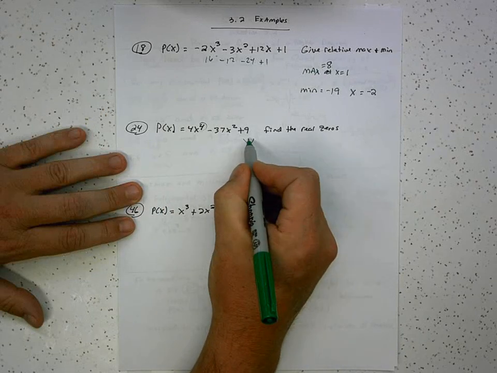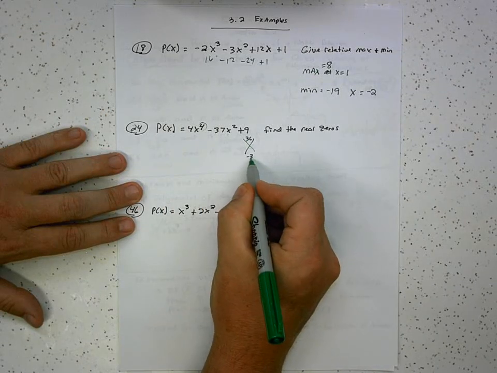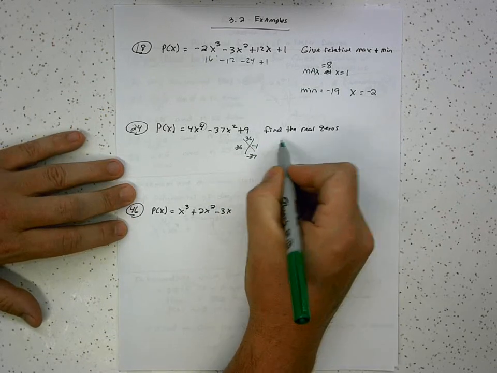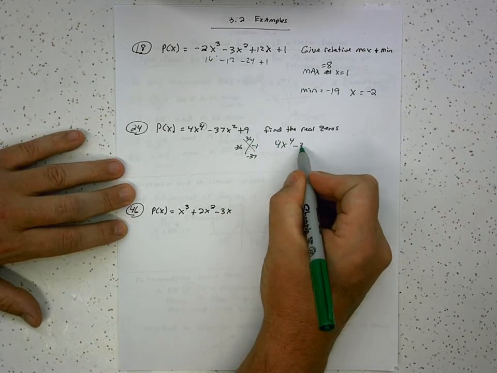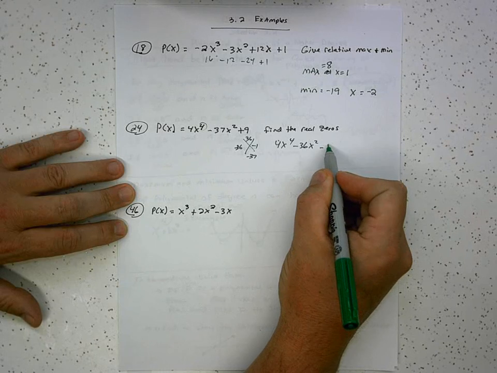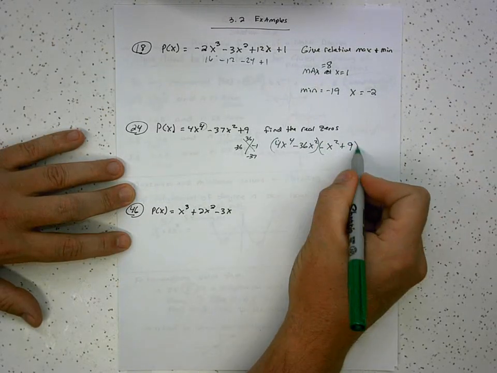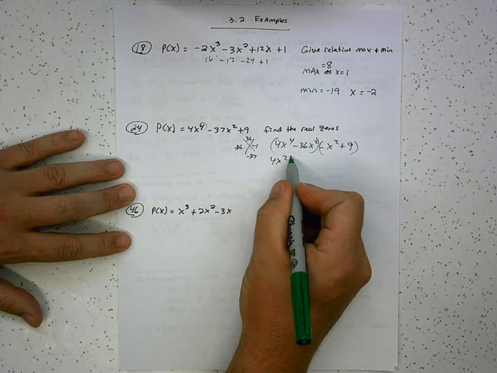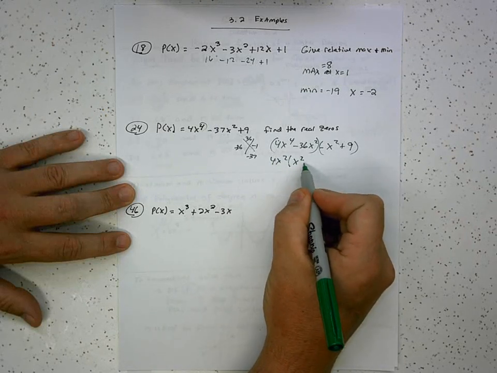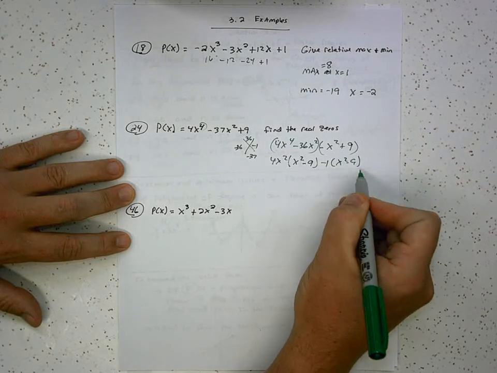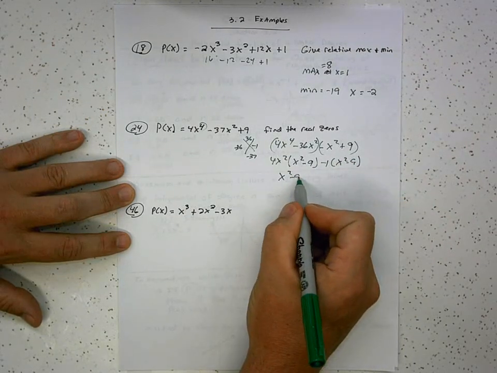So 4 times 9 is 36. Factors of negative 37, which is negative 36 and negative 1. So 4x to the 4th minus 36x squared minus x squared plus 9. Factor out 4x squared, which gives me x squared minus 9. Factor out a negative 1. Factor out the x squared minus 9.